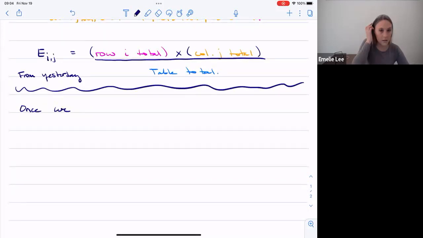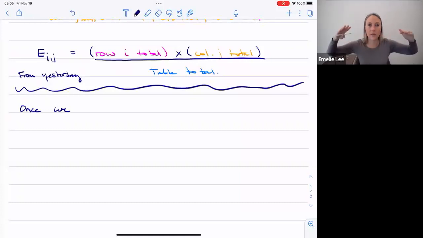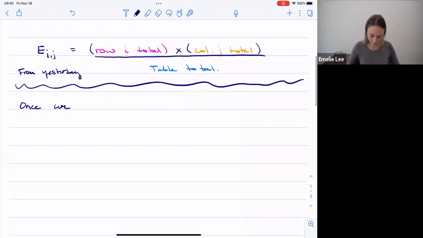Once we have calculated the expected values for each cell, then we calculate the chi-squared test statistic the exact same way that we did before. So then we're in the exact same environment. It just depends on where we started. Do you have just one variable with multiple categories that you want to look at and compare to some distribution, okay? Or do you have 2 variables that you want to compare? Are they independent of each other?